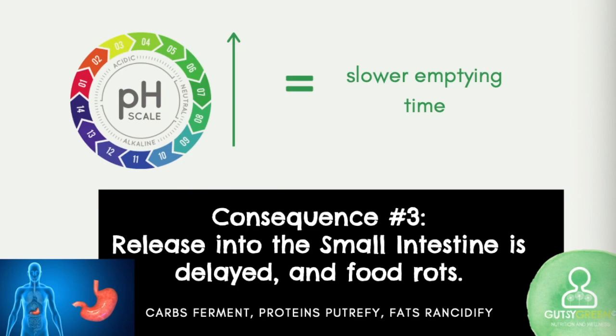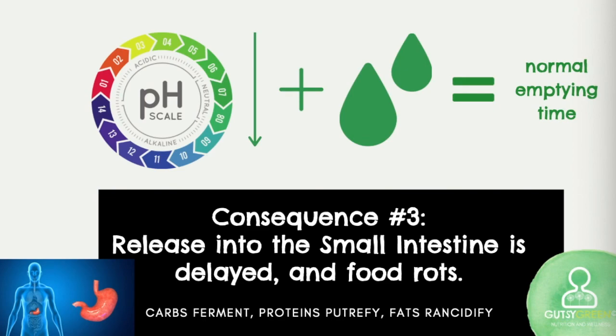Just like an esophageal dysfunction, this delay in emptying time has to do with a misfire in the signaling pathway, which depends on stomach pH falling between 1.5 and 3.0. When pH rises above this point, it delays when the stomach empties its contents into the small intestine.